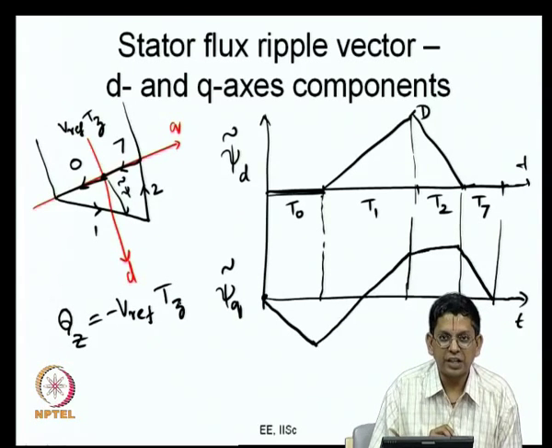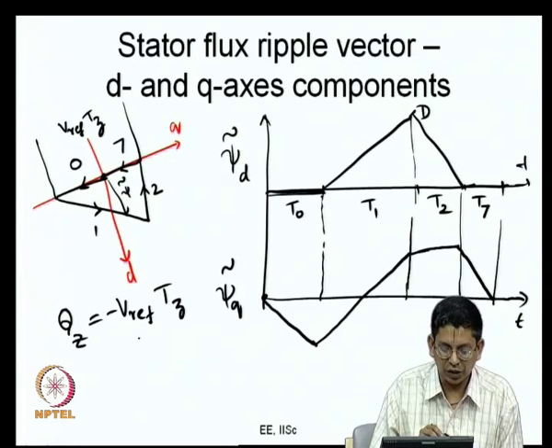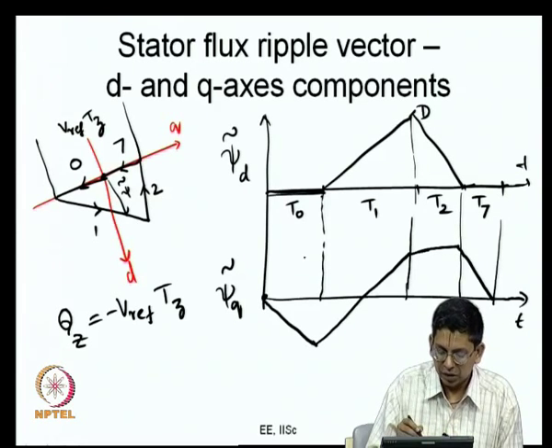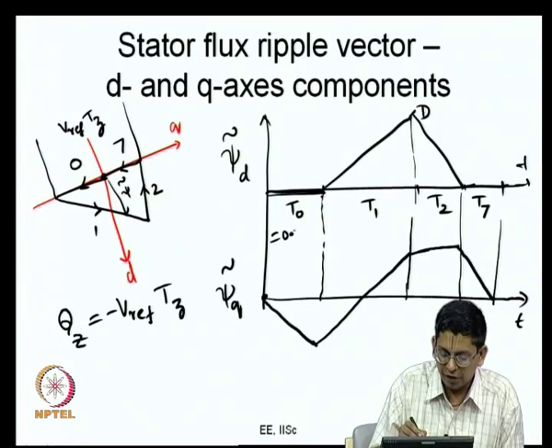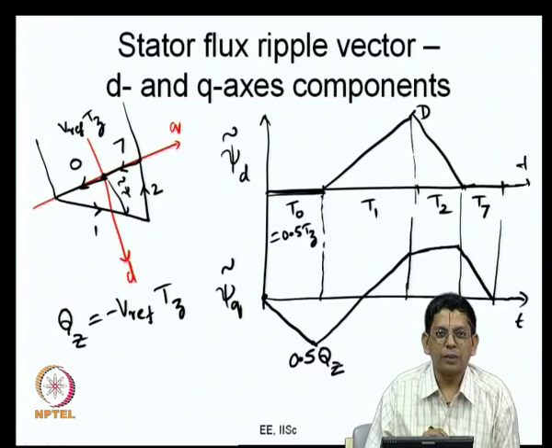What is the significance? We are talking of the interval when the 0 vector is getting applied and the error vector is minus V ref when 0 vector is applied, and 0 vector is applied for a total duration T z. So this is error volt second difference now, and what you have here is T 0 is equal to 0.5 T z, and therefore this is going to be 0.5 times Q z, all right.